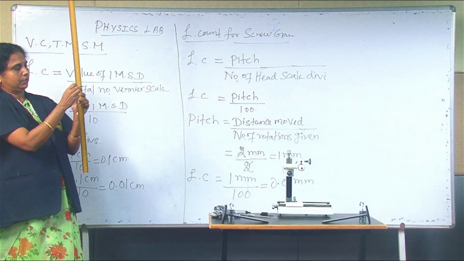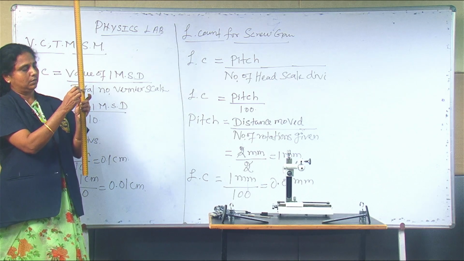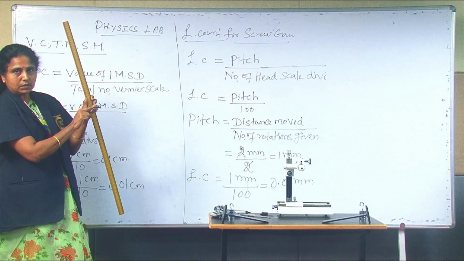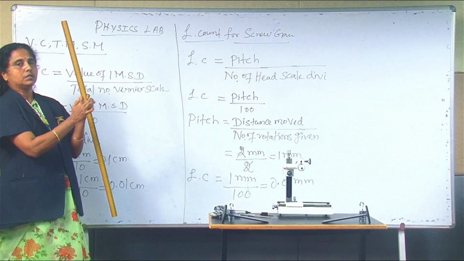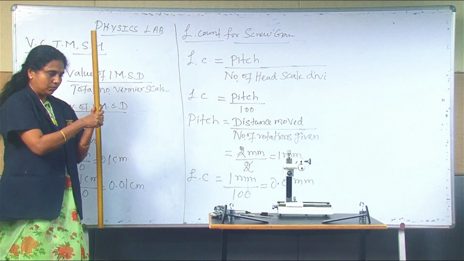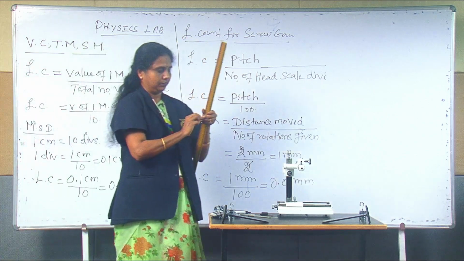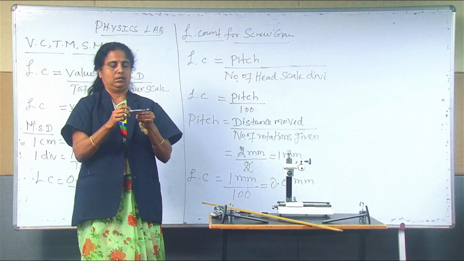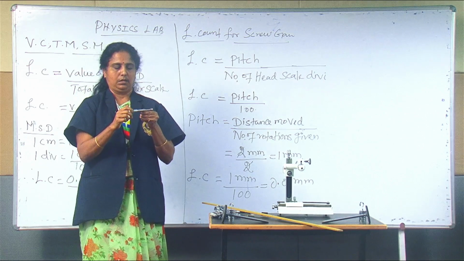So you have to fix the scale like this, and then you have to note down the pitch scale as well as the head scale. And before you start using the screw gauge, you have to note down the zero correction and error.